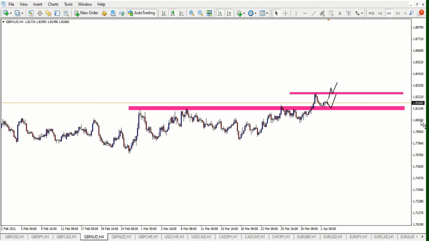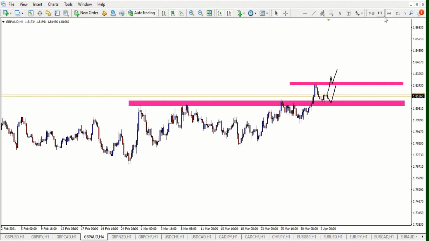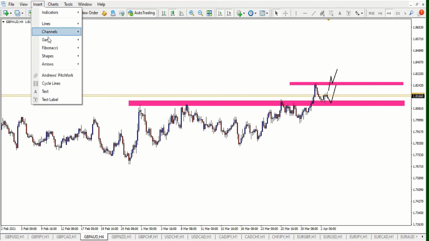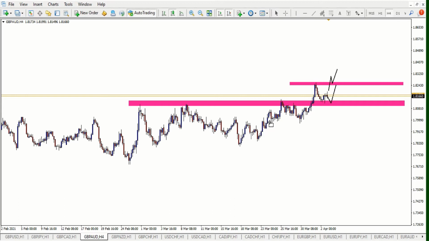Okay, yeah, so that's what you're looking for the Great British Pound and Australian Dollar. However, if it does break through this zone, we do have a key level somewhere here, right, where the market touched and moved up.